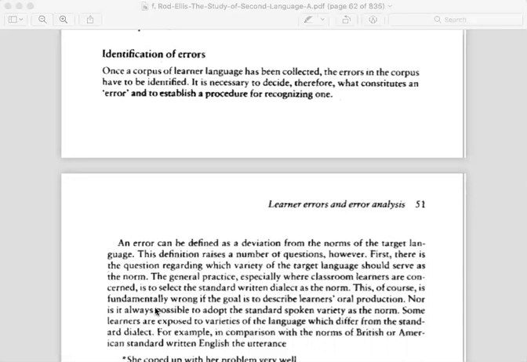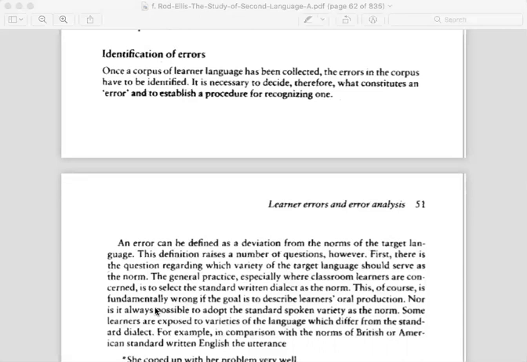And other than that, we talked about how error analysis is a part of applied linguistics and why analyzing learners' errors is important to improve pedagogy, specifically language pedagogy.